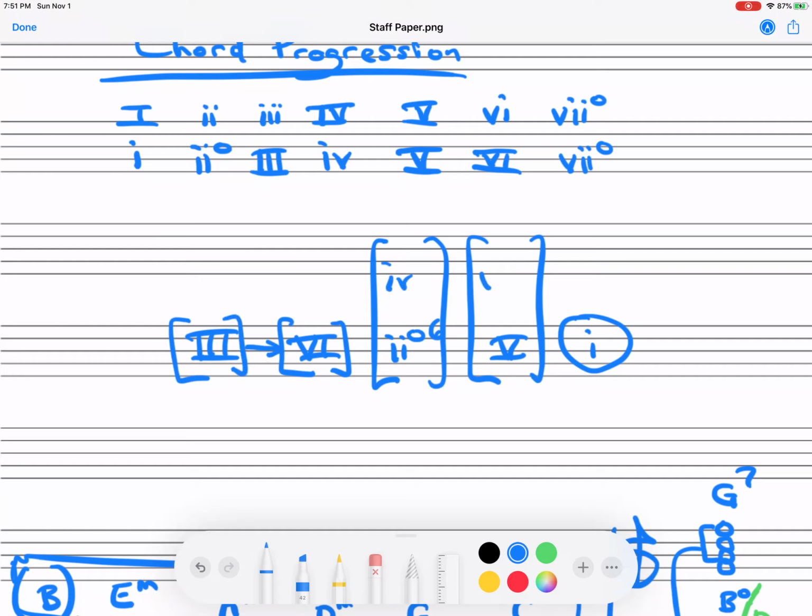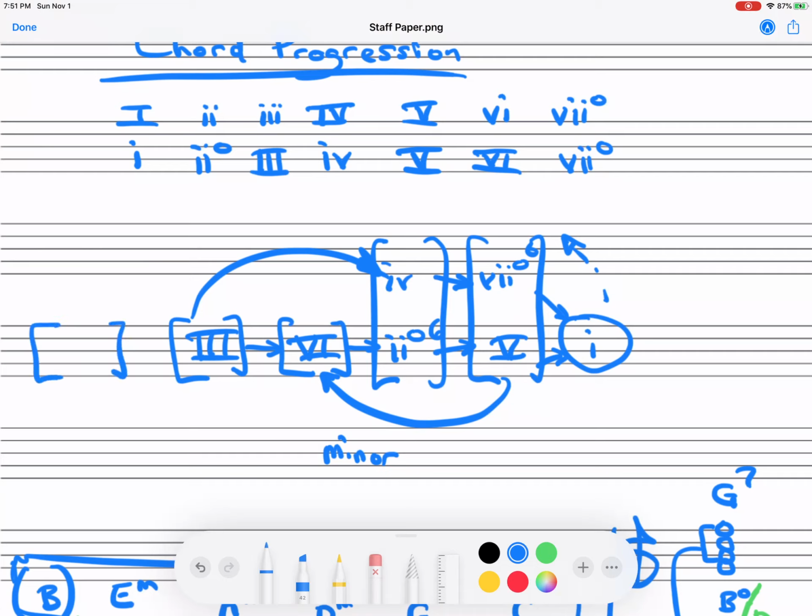I'll put 4 up here and 7. I'm using the harmonic minor, as you can see. This all is the same. There's that arrow, and this goes like this. Okay, this goes like this. Alright, so this is the minor version. The only addition to this is that sometimes way, way, way out here you get 7.